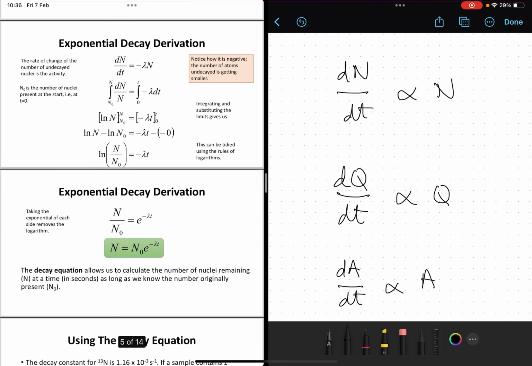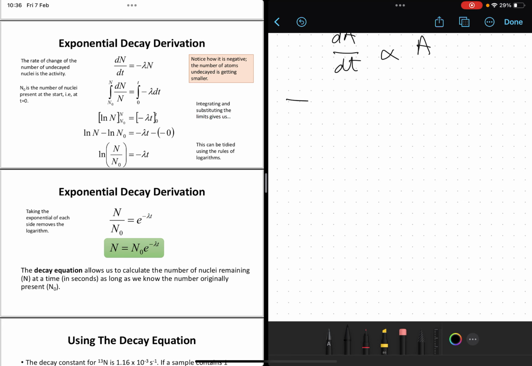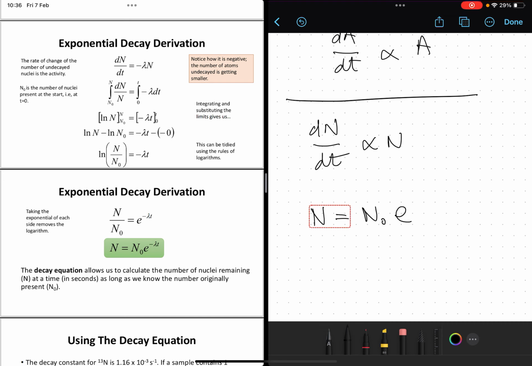And so it's no great surprise then that if we follow that derivation that you've got on the screen, which you don't need to be able to do, but for you mathematicians, it's nice to see where that's come from, we are able to solve this first order differential, so dN by dt is proportional to N, and come up with a solution in this form.